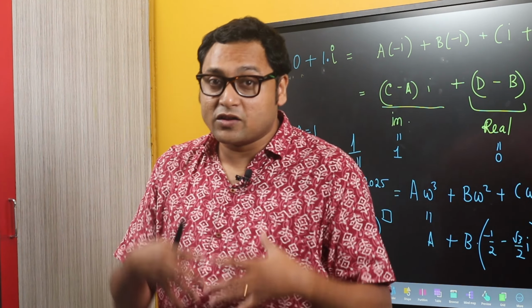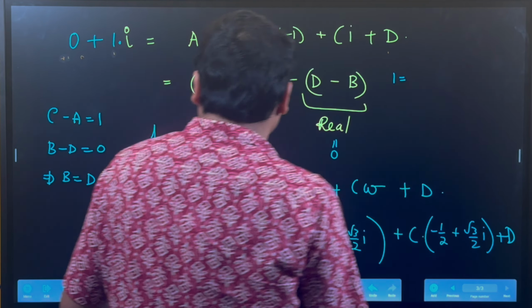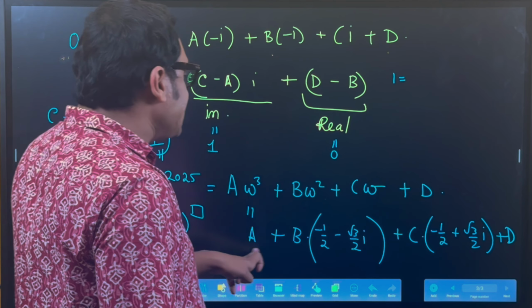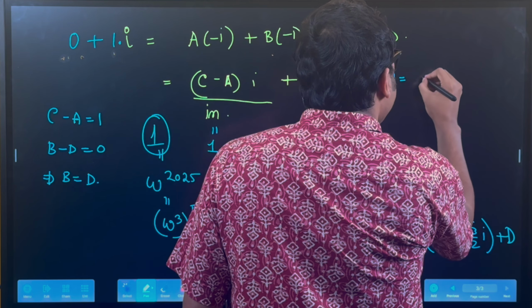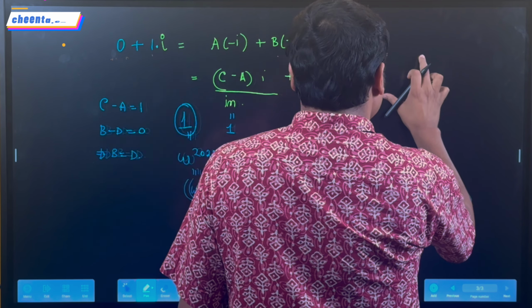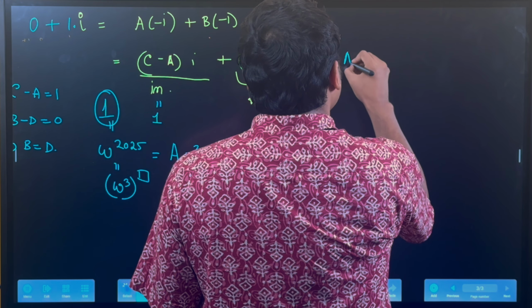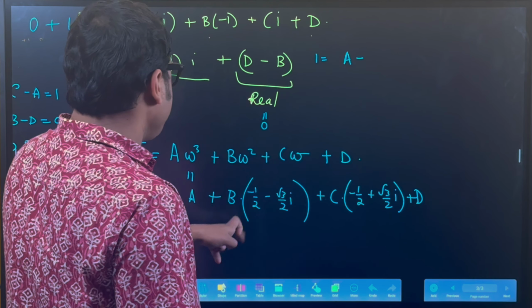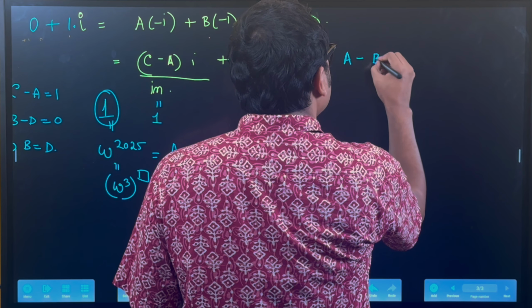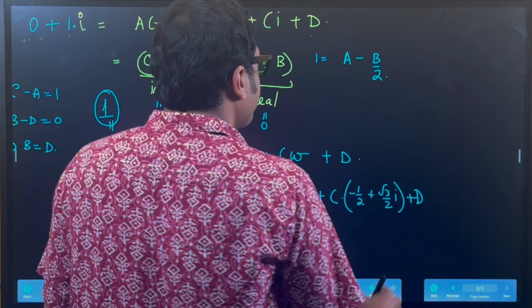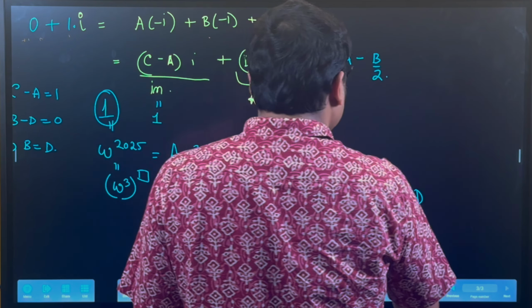So I have 1, the left hand side, equals A minus B by 2 minus C by 2 plus D. This is the real part.